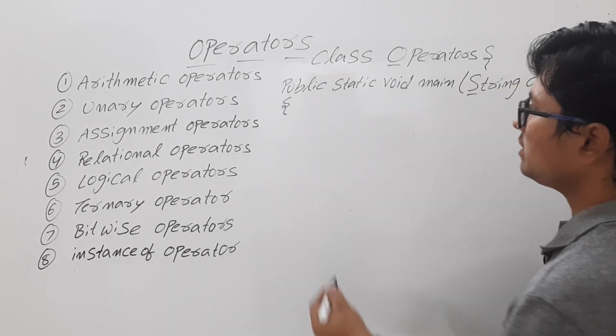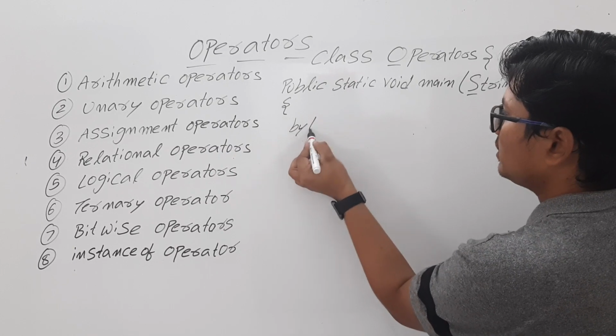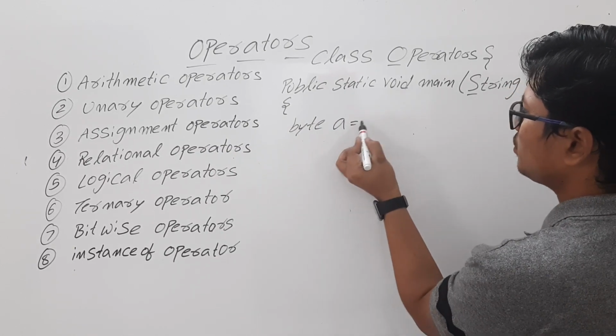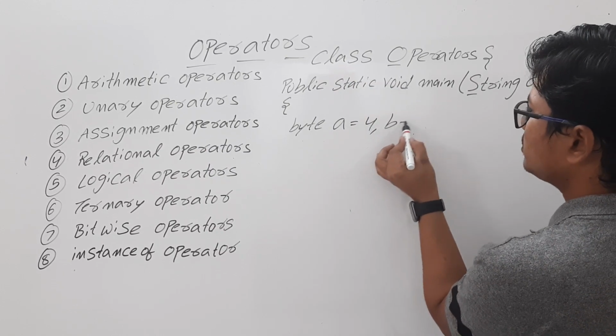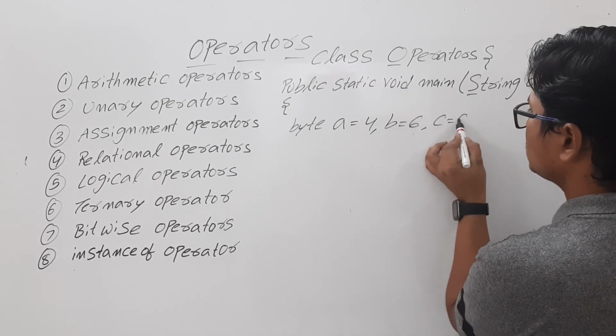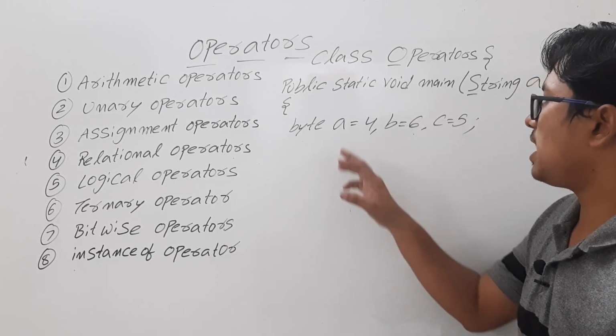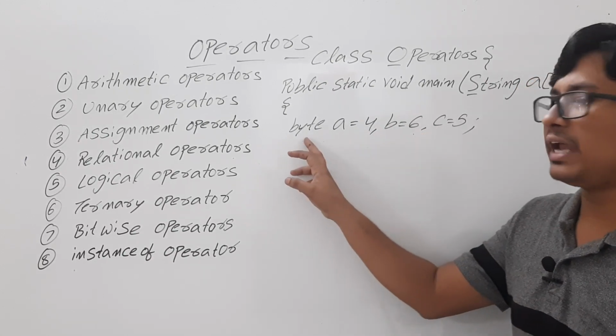Then I will take byte A is equal to 4, B is equal to 6, C is equal to 5. So I have taken three variables A, B, C of a data type called byte.